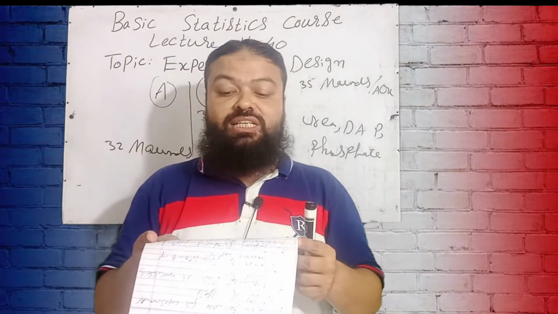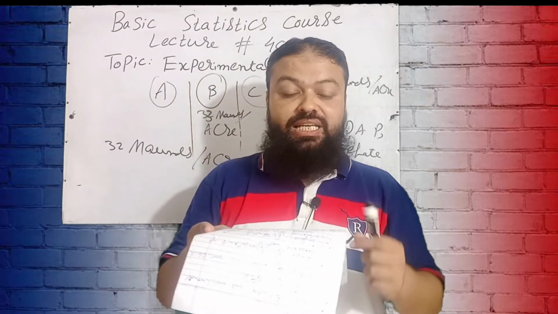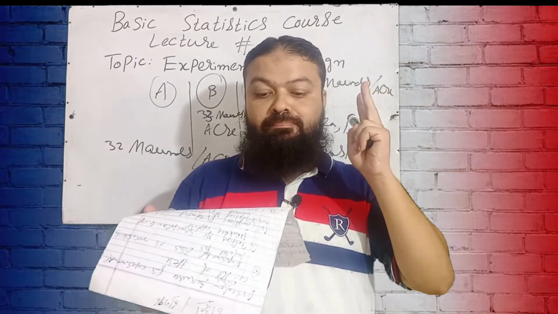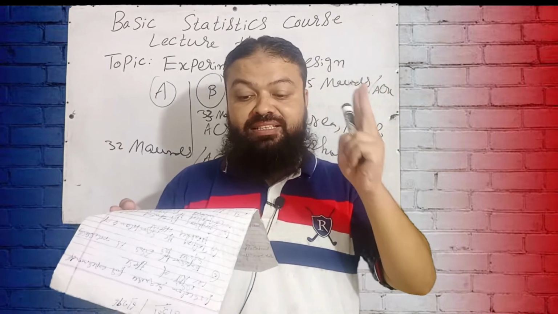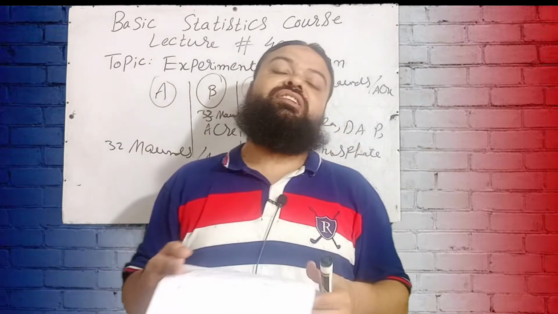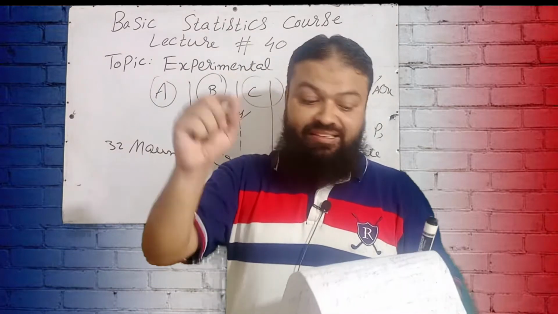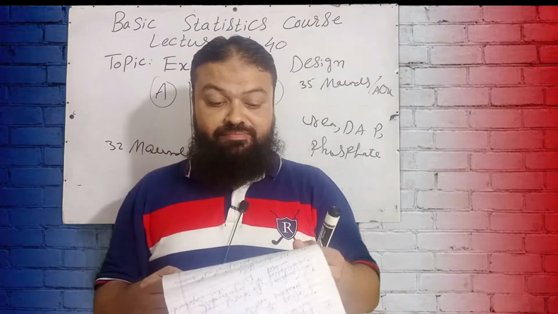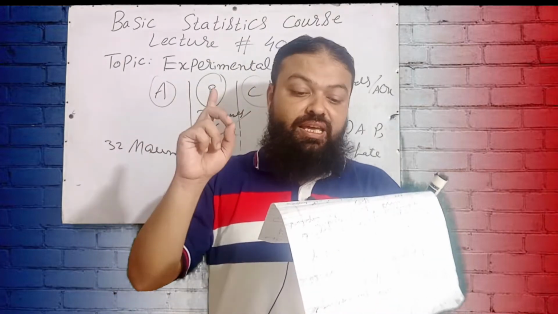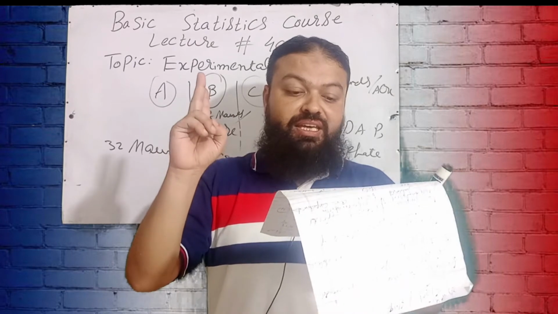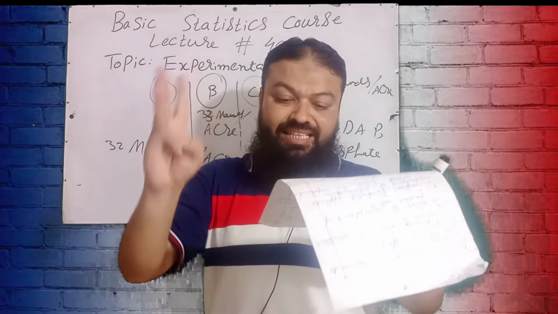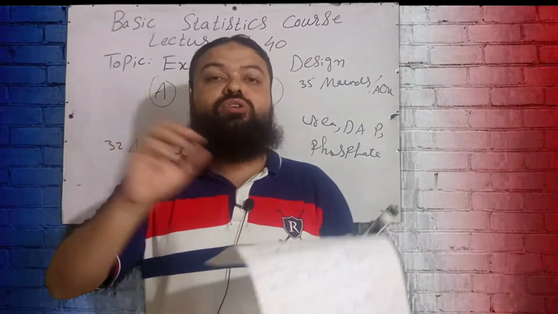The decision about the number of replications is taken in view of A, size of the experimental unit, B, competition among experimental units, C, fraction to be sampled, D, all of these. All of these are necessary. That is the correct one. Question number 7. Number of replications in an experiment is based on, a very important one, A, the precision required, B, experimental material available, C, heterogeneity of the experimental material, D, all of these. All of these is the correct one.